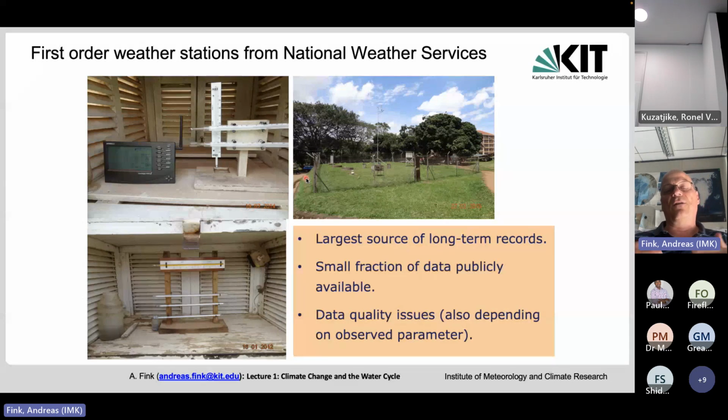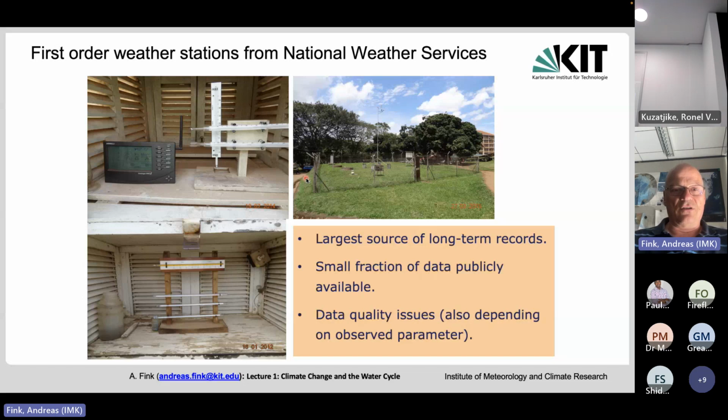They are not giving them to students or to universities or researchers. Unfortunately, you have to pay. There's also a data quality issue, which also depends on the observed parameter. You see here some pictures where you can see that the equipment, even in these first order stations, is often old or somewhat degraded.